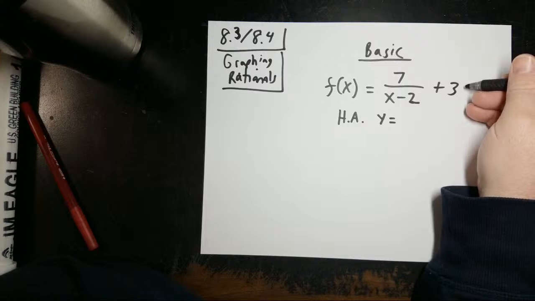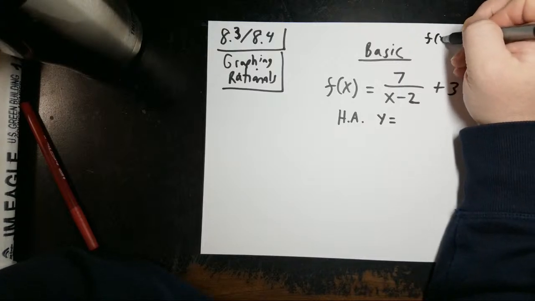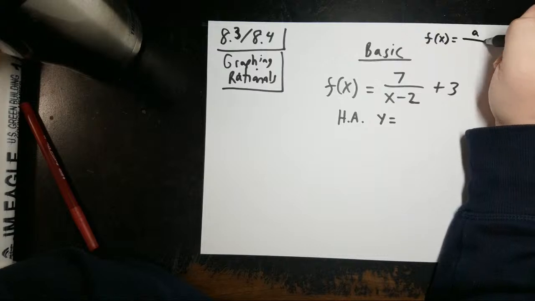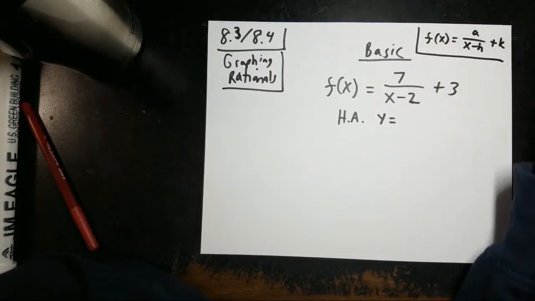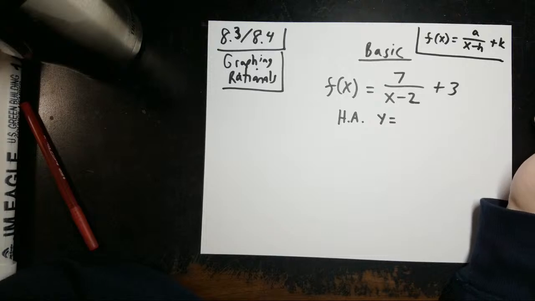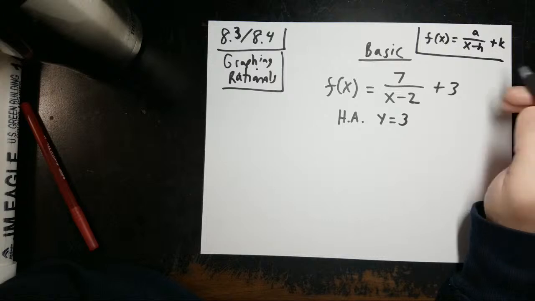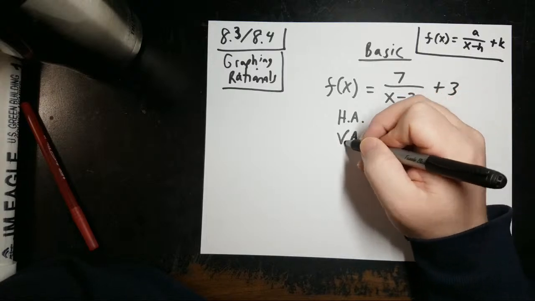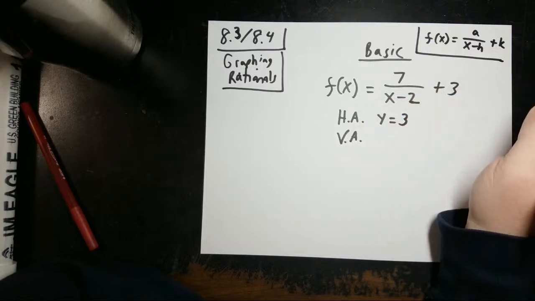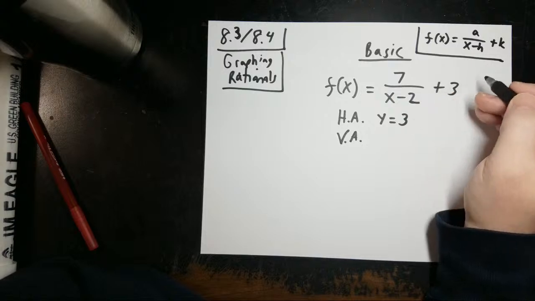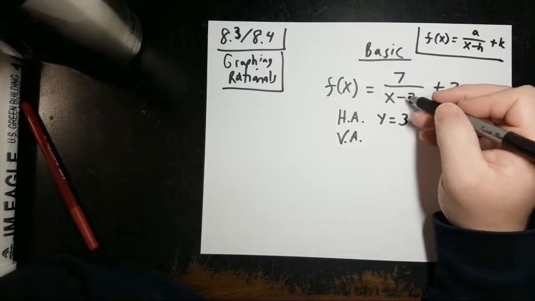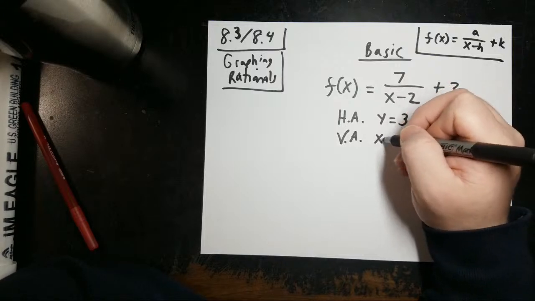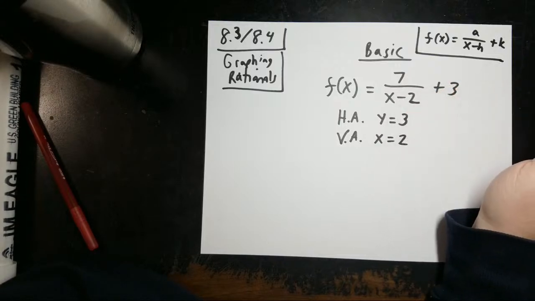In this case, and I'll write this up here, f of x equals a over x minus h plus k. That plus k is going to be your horizontal asymptote, in this case 3. Your vertical asymptote, you take the bottom of the fraction, set it equal to 0, and solve. X minus 2, set it equal to 0. You get a vertical asymptote there.